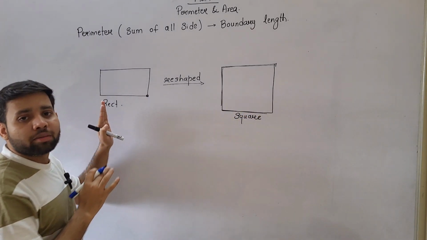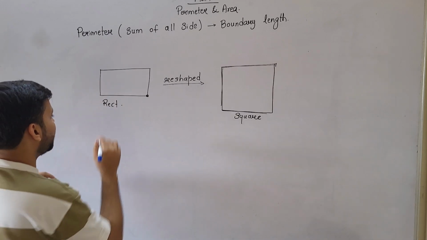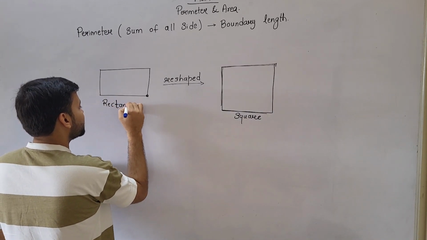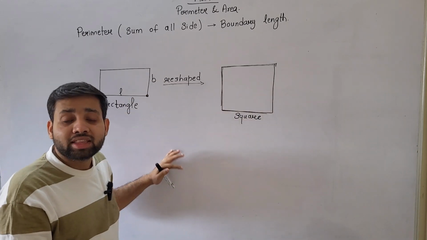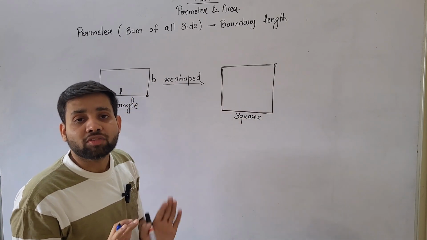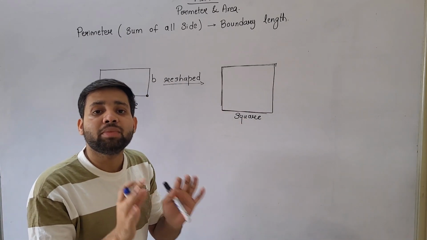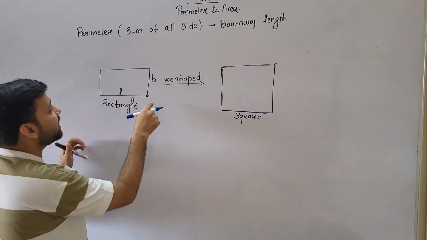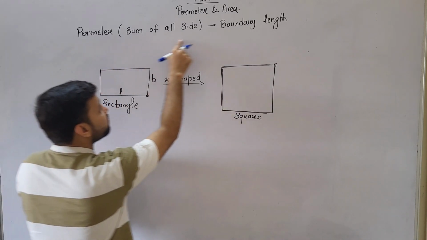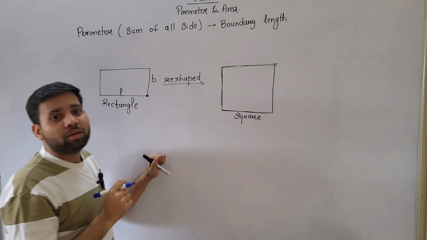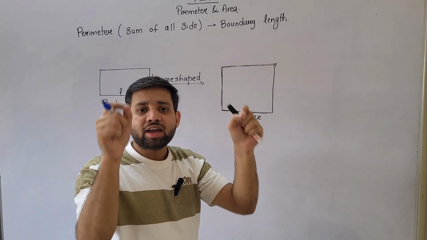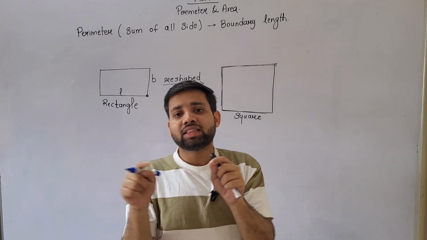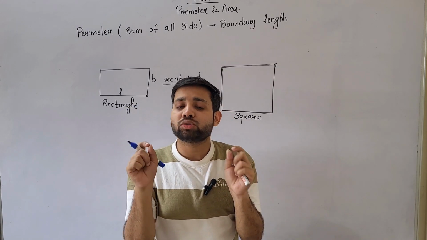They might give us the dimensions of the rectangle, that is length and breadth. Or they might give you the total length of the wire, which is the perimeter of the rectangle. Where does that come from? The concept that perimeter is equal to the sum of all sides, equal to the boundary length. So if the wire is used to make a rectangle, then the boundary length of the rectangle is equal to the length of the wire.